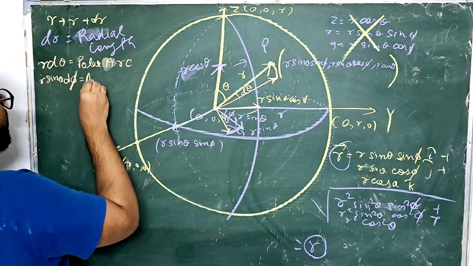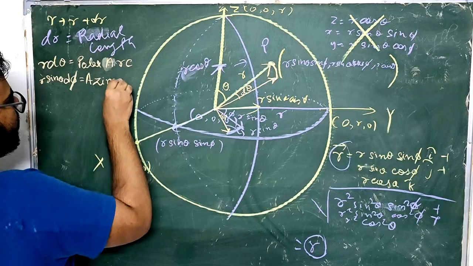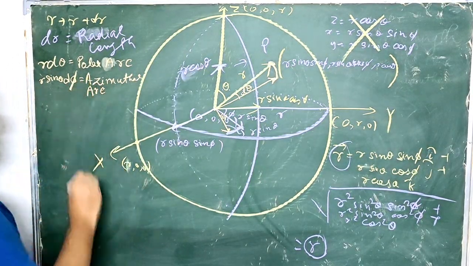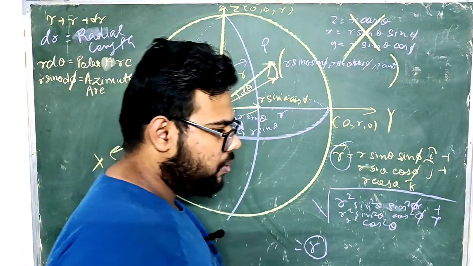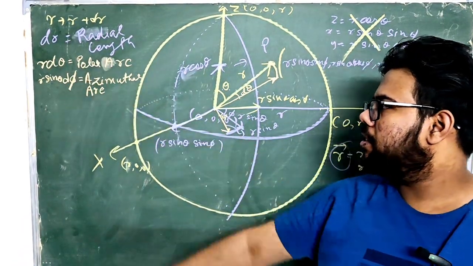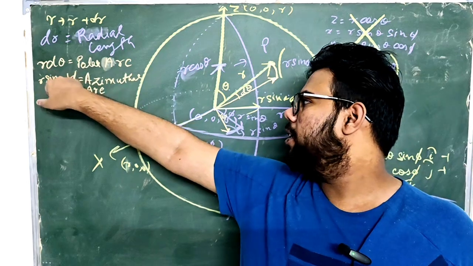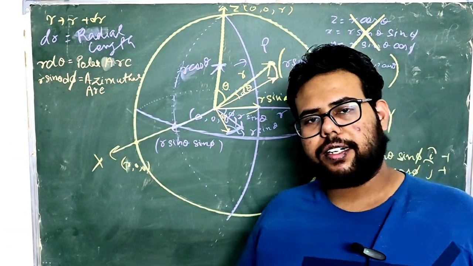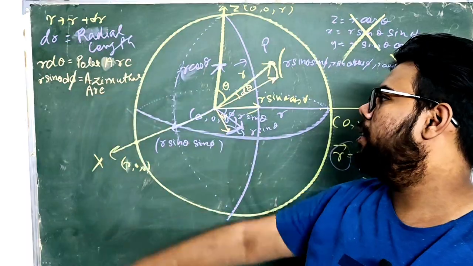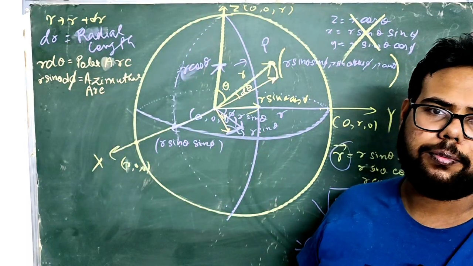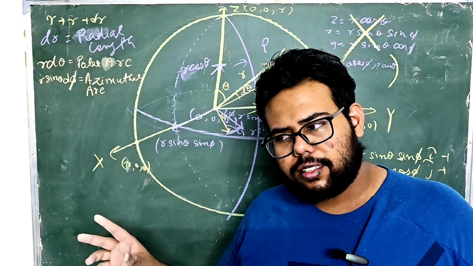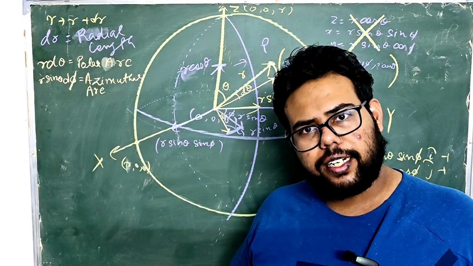This is called the azimuthal arc, right? These are the three factors, I mean dr, d theta and d phi. These are the three factors which can affect the volume, and these are the radial and polar and azimuthal arc. Okay. Depending on these arc and length, the volume of a sphere will change, right?